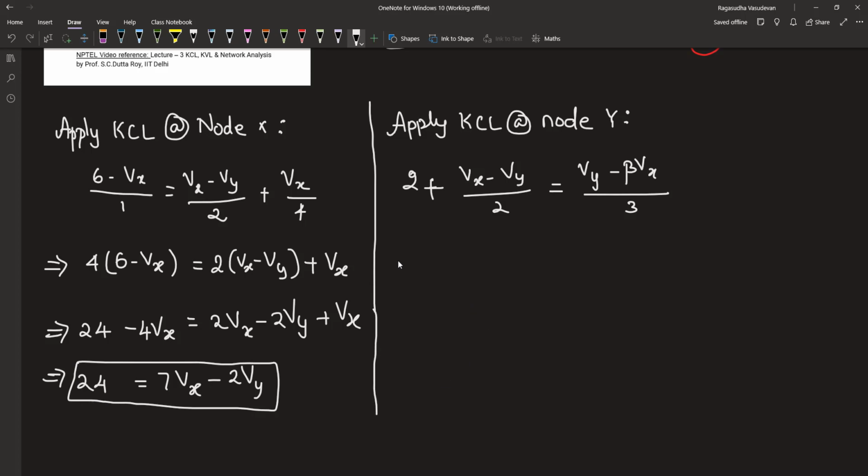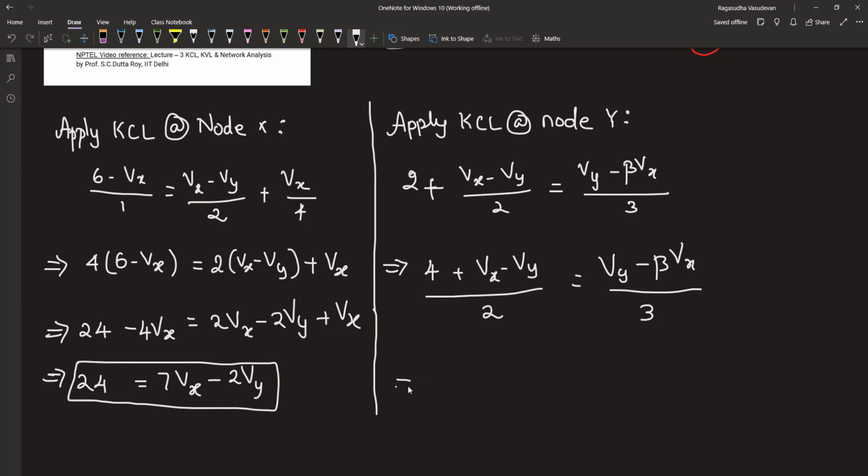At the node Y, this implies that 4 plus Vx minus Vy divided by 2 equals Vy minus beta times Vx divided by 3.